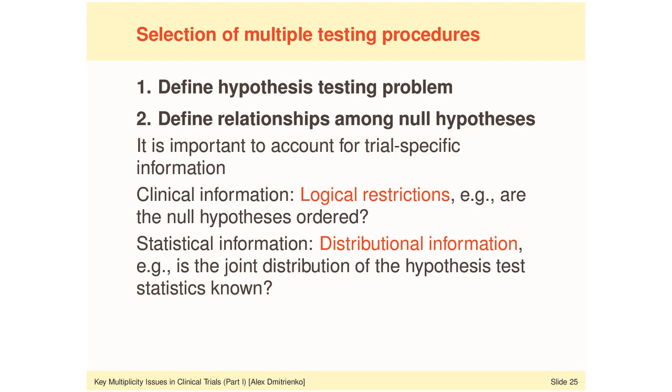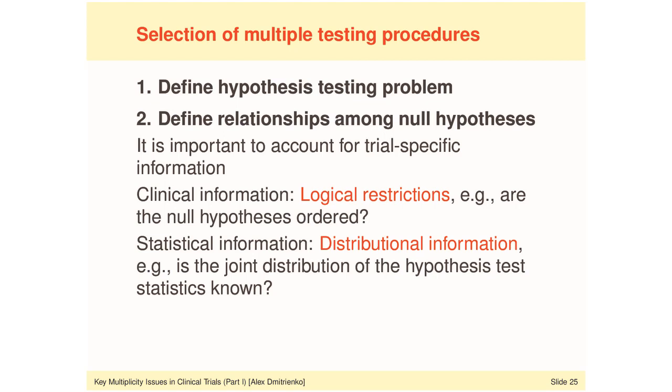We've talked about the error rate control and most commonly used definition of type 1 error rate control in a clinical setting. These were theoretical considerations. This was the foundation of the multiple testing theory. And now the time has come for us to move on to more practical considerations.